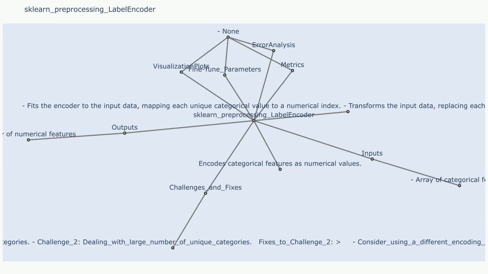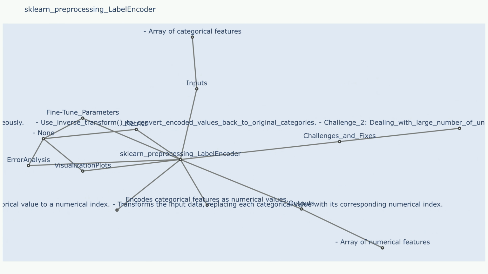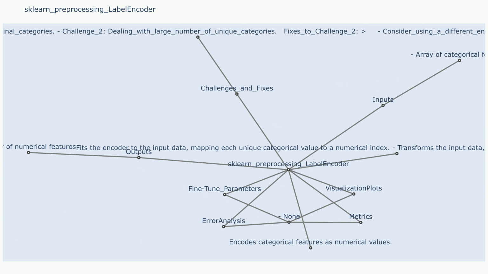Steps. Step 1: the LabelEncoder first fits itself to the input categorical data. This involves identifying the unique categories present in the data and assigning them unique integer codes. Step 2: once fitted, the LabelEncoder can then transform the input data by converting each categorical value into its corresponding numerical code. Metrics.